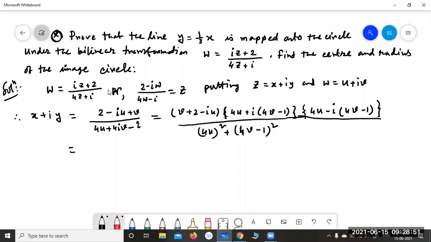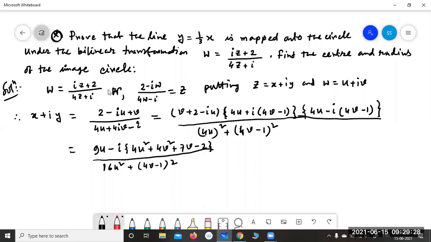Yes, sir. As for the denominator, it was the main part. So from here we find the numerator: 9u - i(4u^2 + 4v^2 + 7v - 2), divided by 16u^2 + (4v - 1)^2.